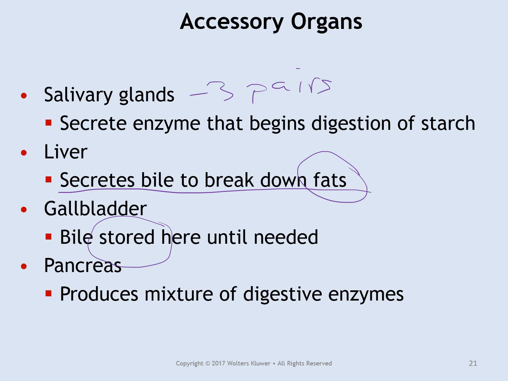The pancreas is the last of our accessory organs. The pancreas produces a bunch of enzymes that then go into the small intestine, into the duodenum. And these enzymes in the small intestine help to further break down all of the food that you take in.